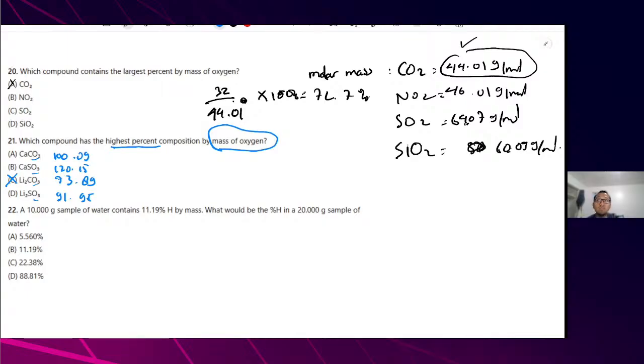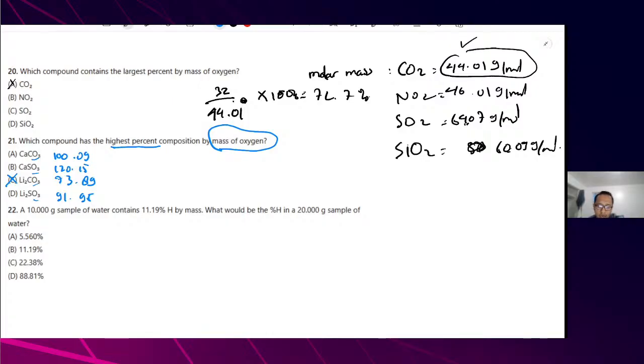Number 22. 10.00 gram of sample water contains 11.19% H by mass. What should be the percentage of H in a 20.00 gram sample of water? So 10.00 gram of water contains 11%.